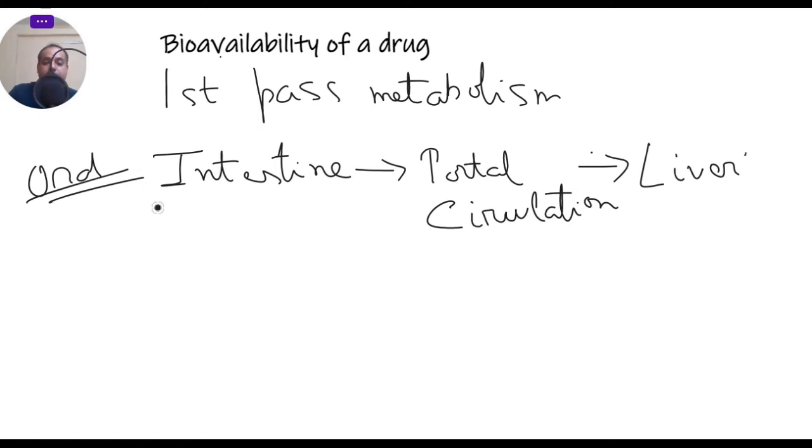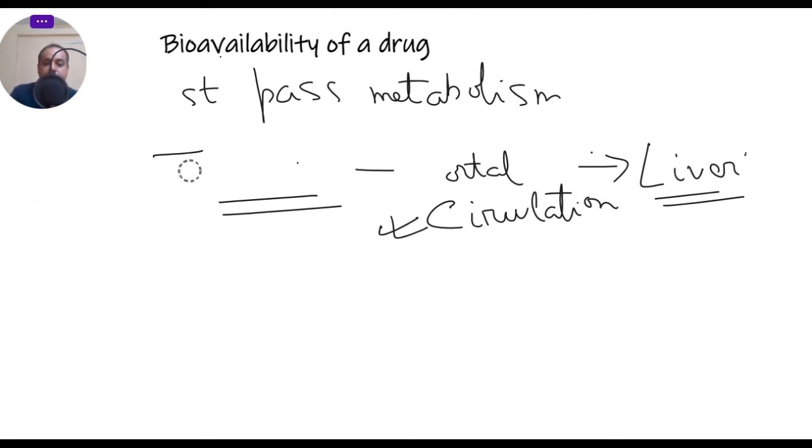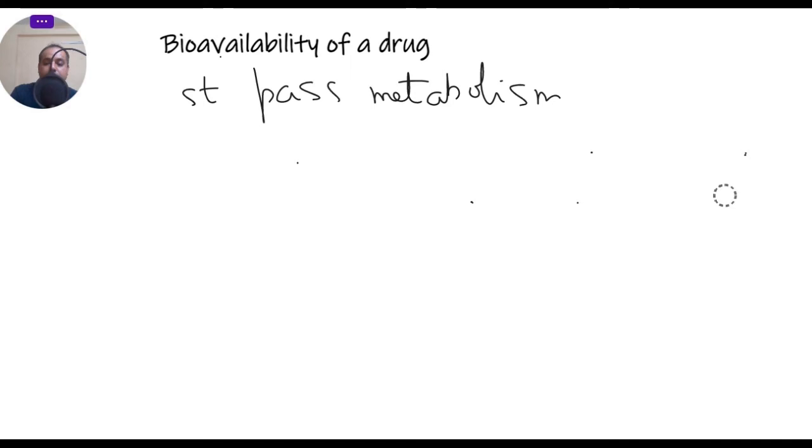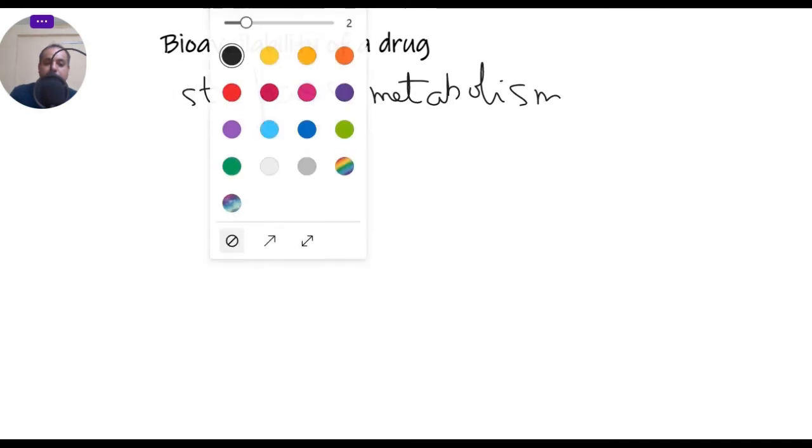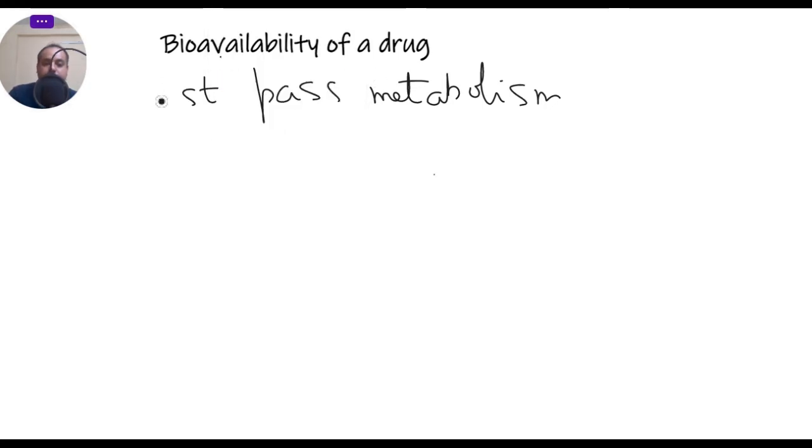So the oral drug, after crossing the intestinal epithelium from the portal circulation, will ultimately reach the liver, right? So once that drug reaches the liver, there can be two possibilities, right? Let us see what they are.